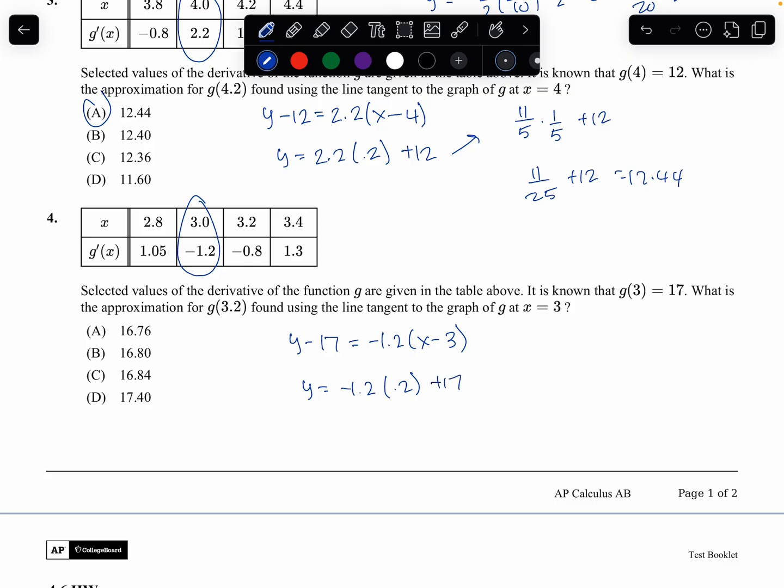I'm just going to use my calculator now. So negative 1.2 times by 0.2 is negative 0.24 plus 17. And so that's going to be 7.6, so A.